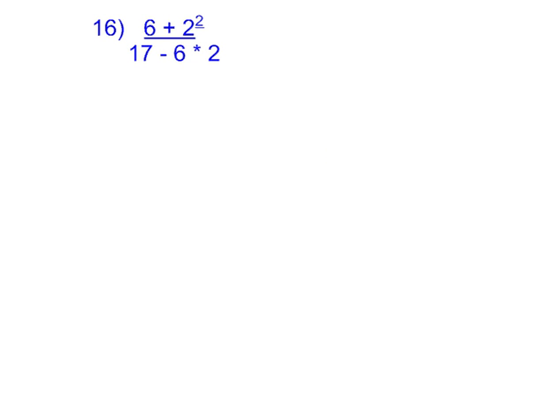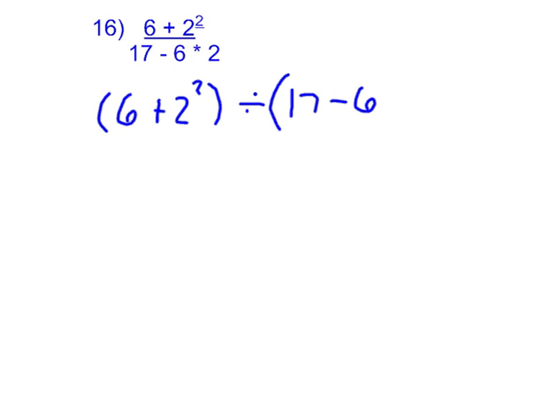Here is problem 16, and I'm going to rewrite this problem to make it a little easier. I'm going to write with parentheses, 6 plus 2 squared, parentheses, divided by, parentheses, 17 minus 6 times 2, parentheses.